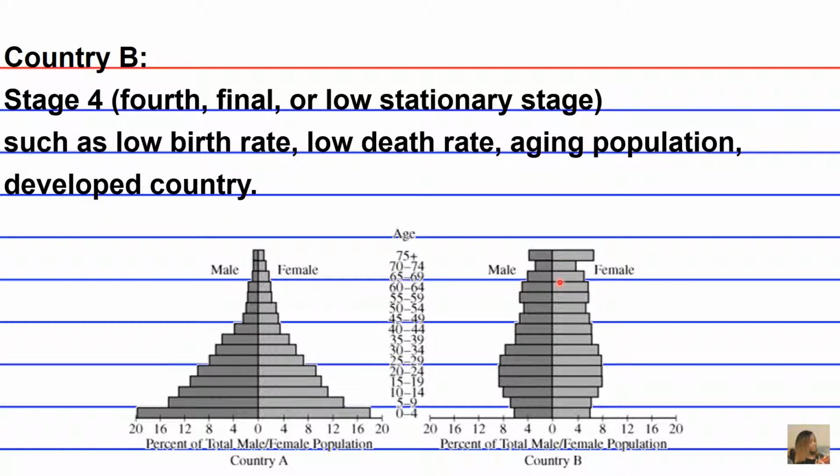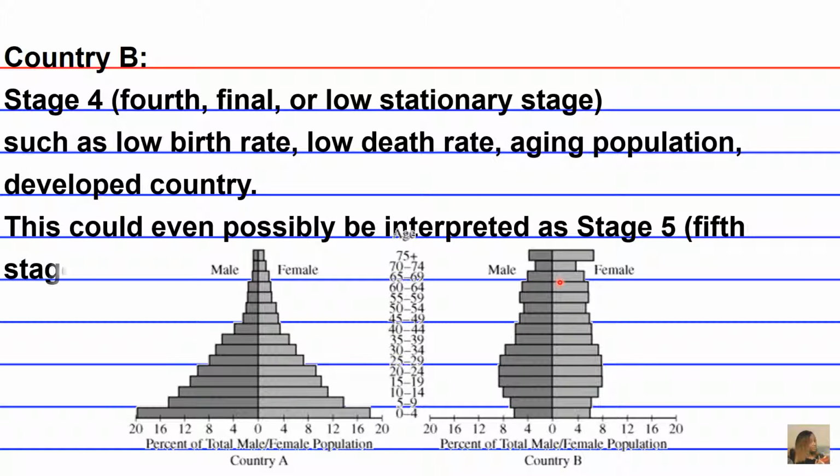This can also be interpreted as stage 5, and that would be a declining phase where the birth rate is very, very low, okay? And the death rate is also low. And a country that would be in a declining phase is Germany.